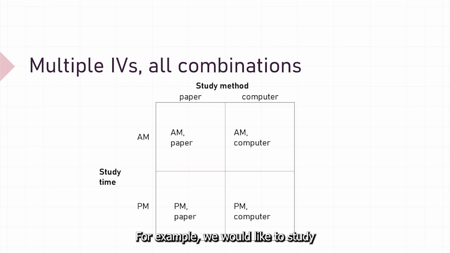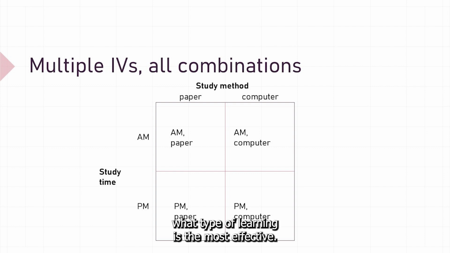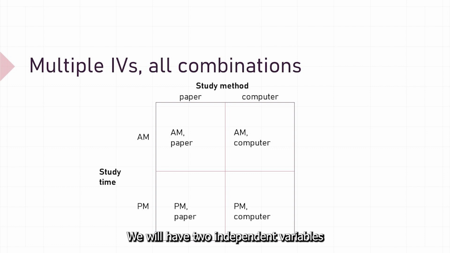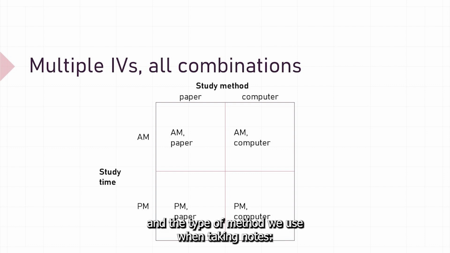For example, we would like to study what type of learning is the most effective. We will have two independent variables, the daytime of learning and the type of method we use when taking notes. Do we use a computer or do we use a notebook?